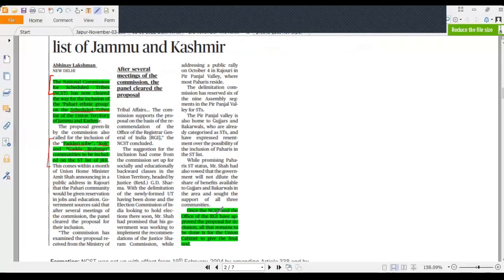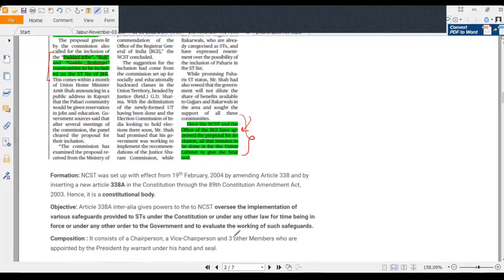Now, once the NCST has recommended the provisions, the cabinet will take decision on this. So from prelims point of view, let us understand about the National Commission for Scheduled Tribes, that is NCST.